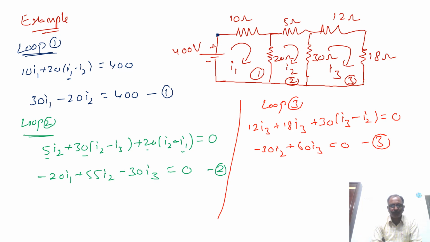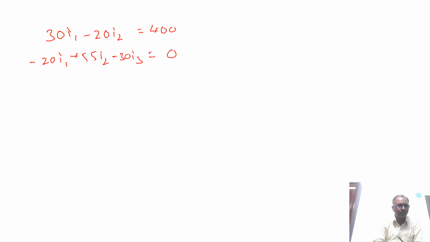So here we are having 3 equations. First one is 30 I1 minus 20 I2 equal to 400, and the second equation is minus 20 I1 plus 55 I2 minus 30 I3 equal to 0.